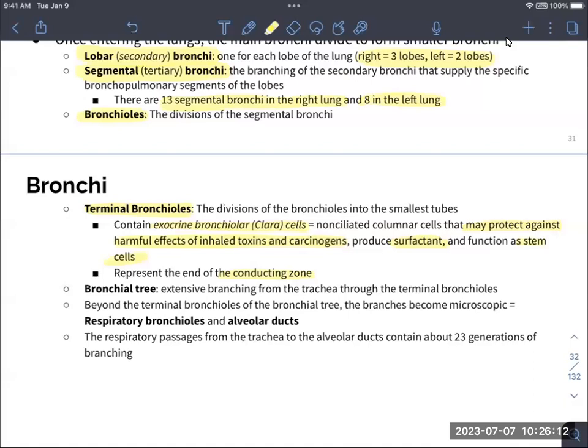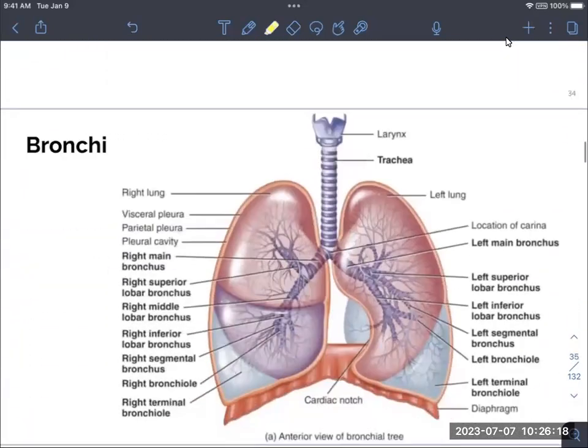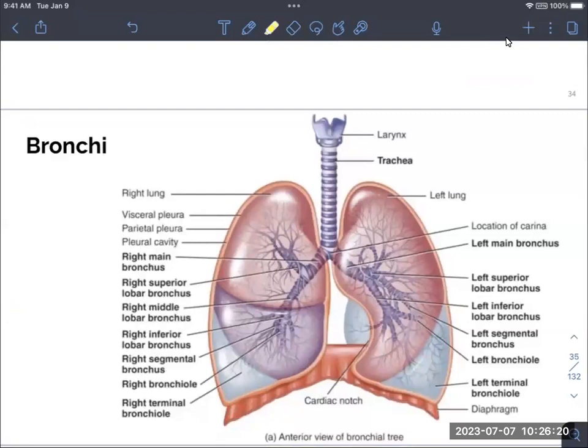This is all part of this bronchial tree. Do we have a picture of this here? Yeah, here's this picture. We go from the trachea. We have this left main bronchus, this right main bronchus. Then we go to those lobar. They're going to split. So here's the main bronchus. They split.